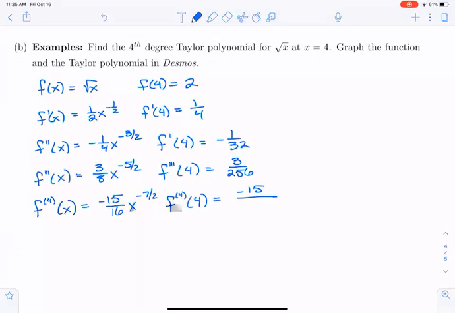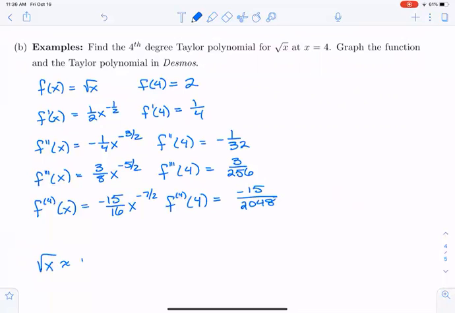So that's going to be 2 to the 11th power. Can somebody tell me what 2 to the 11th power is? 2048. Okay, that sounds right from last class. 2048. Perfect.